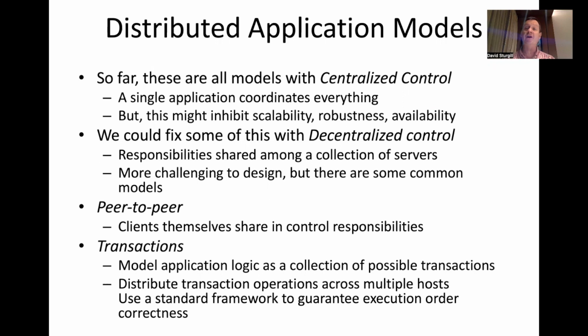So as more clients participate, they also provide more computing power or more storage space that can provide services to all the other clients. For some applications, there's also a way of expressing their logic as transactions that can be automatically distributed among multiple hosts or multiple clients, so that you can reason about how your application is distributed without having to figure that all out yourself.